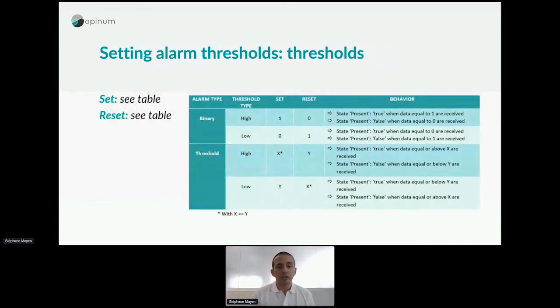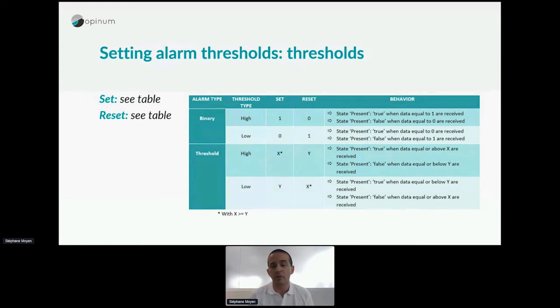The thresholds set and reset are going to be expressed as a table, because you can, of course, set up high or low types. In which case, as you can see on the table, if you are using binary type alarms, if you set up your alarm as a high type alarm, then the alarm will be notified when the value equals 1.